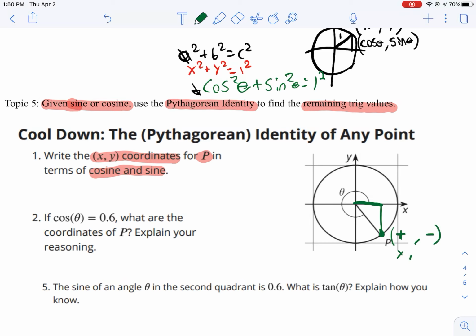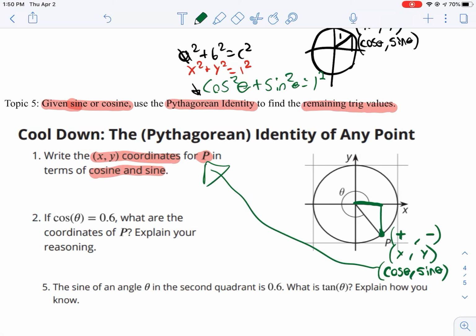We know this is our x and our y, and it says write it in terms of cosine and sine. So we know x is cosine of theta and y is sine of theta, and that's going to give us our coordinate P. That's our first answer right here.